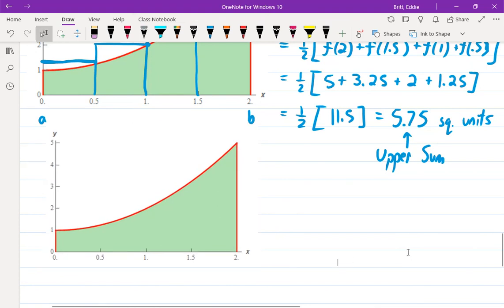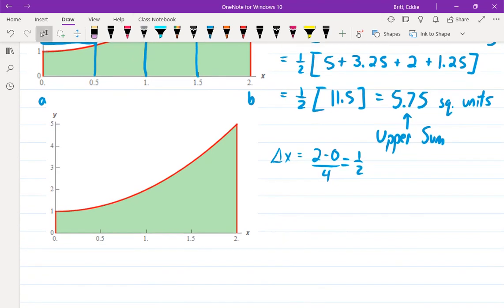All right, so our width is going to be the same. Our delta x is still going to be 2 minus 0 divided by 4, because it's got to be the same, because we're doing the same number of rectangles. All right, the difference is we're going to start with the left endpoint.